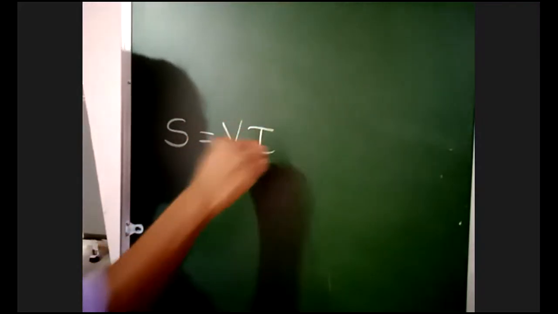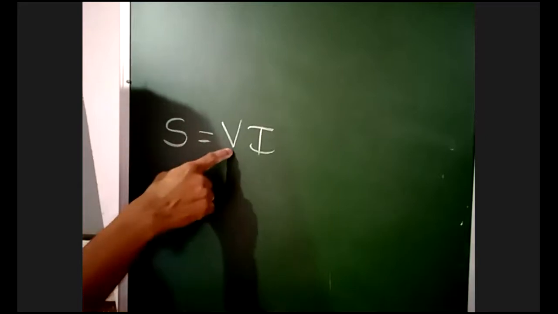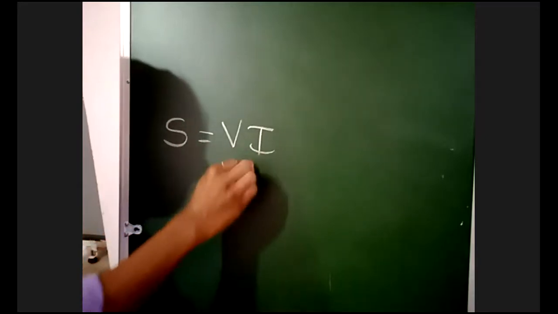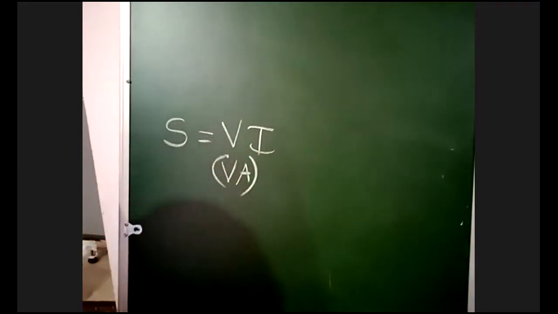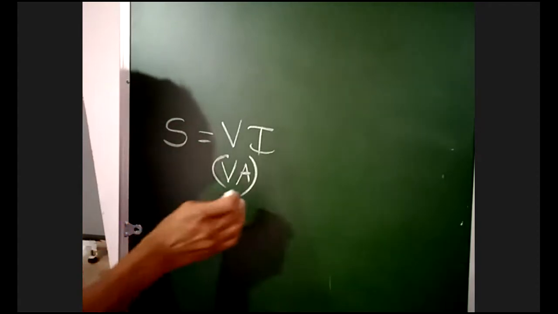See here. What is the formula for S? S is equal to VI. What is the unit of S? Volt ampere. The unit is volt ampere, and your transformer rating is in kVA.